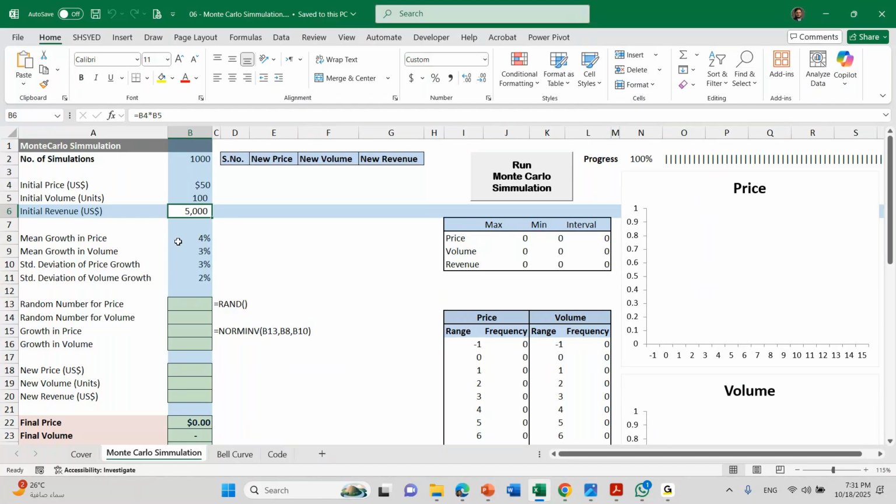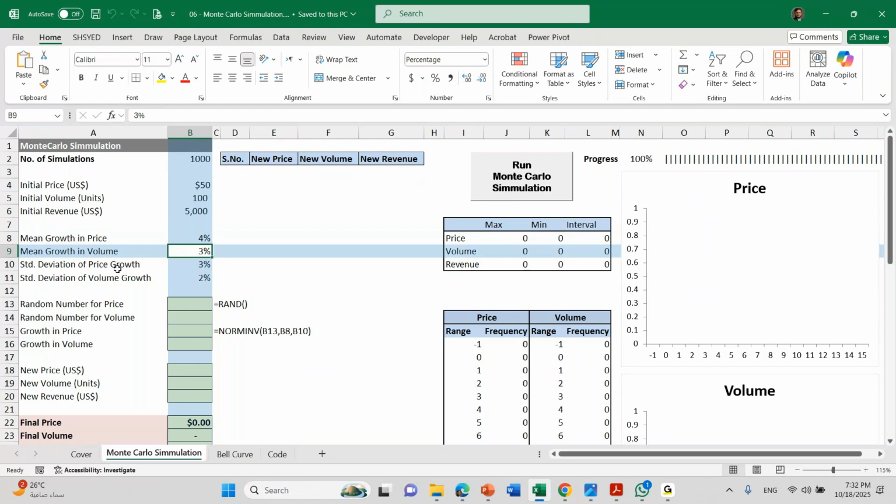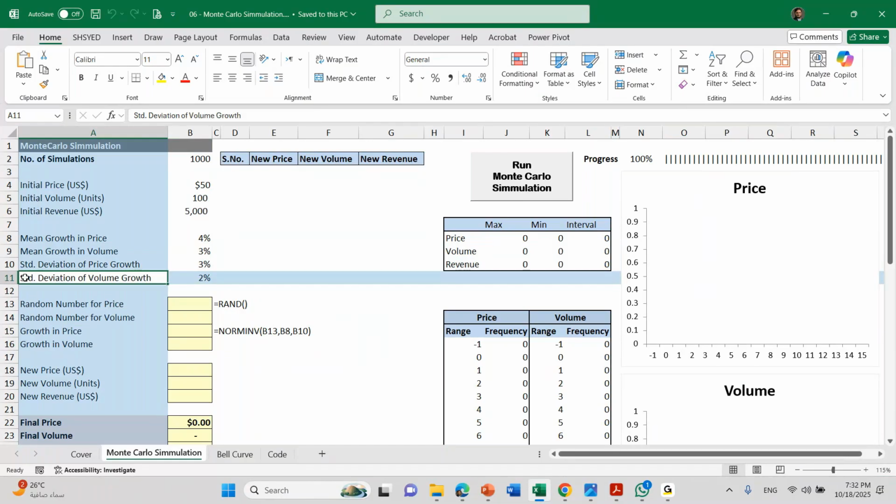The price may have declined, the price may have increased, but mean growth in price is 4%. Mean growth in volume is 3%. And then the standard deviation of the growth in price is 3%, and standard deviation of growth in volume is 2%.